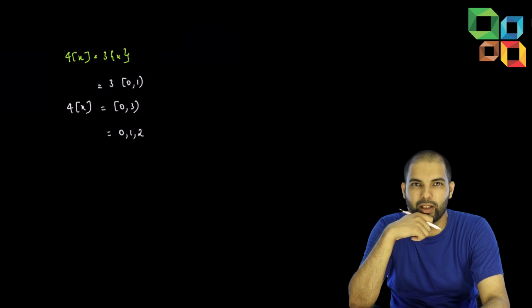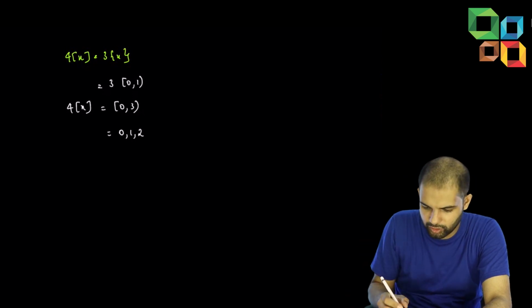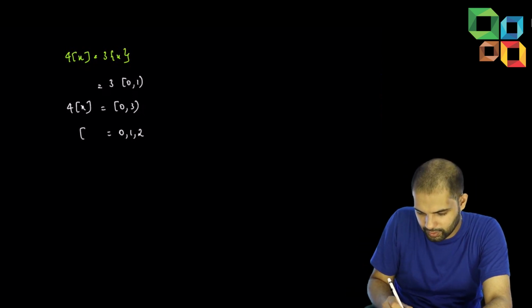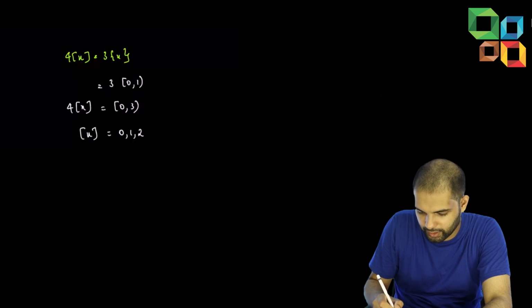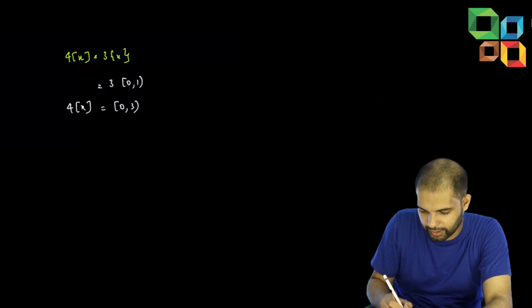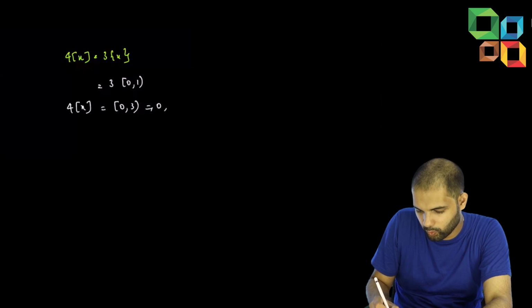No other value is possible, because greatest integer function of x cannot take 1 by 4 or 2 by 4. This is the integer part, right? So let us take cases. So this can be equal to either 0 or 1 or 2.